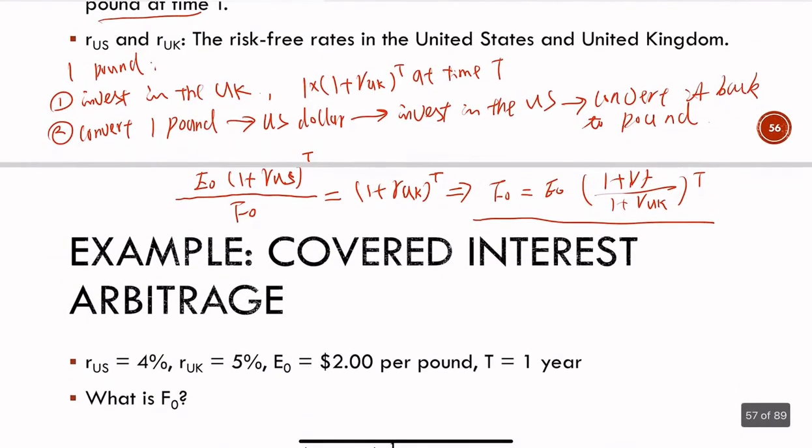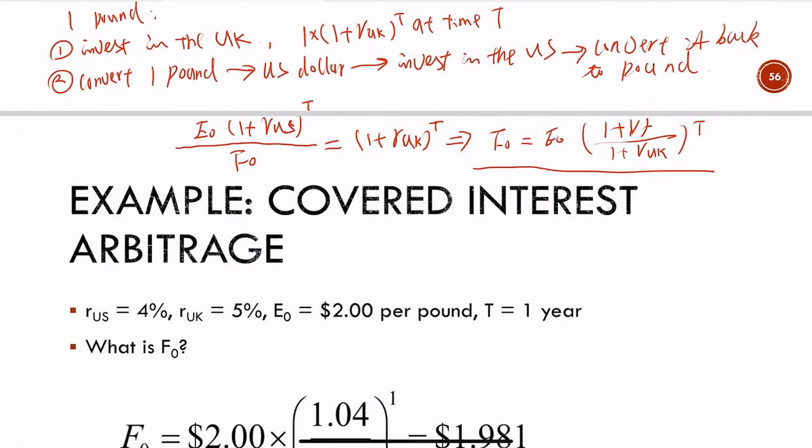Now, as we just discussed, to get this interest rate parity theorem, we need this basic assumption of no arbitrage. And you can imagine that if this interest rate parity theorem is violated, then there would be some opportunity for arbitrage. Specifically, this is called covered interest arbitrage.